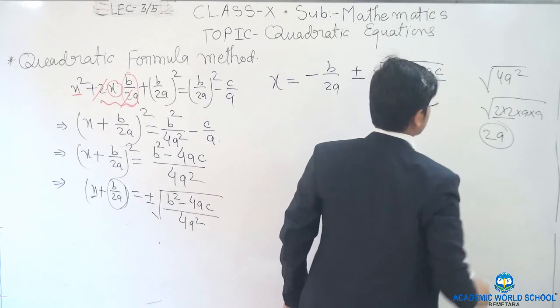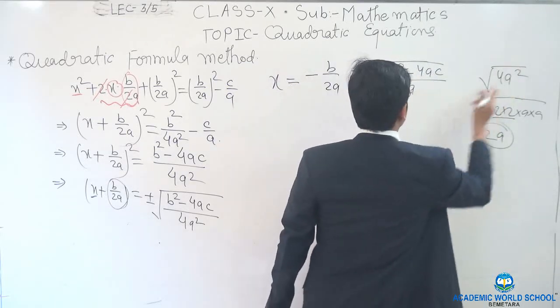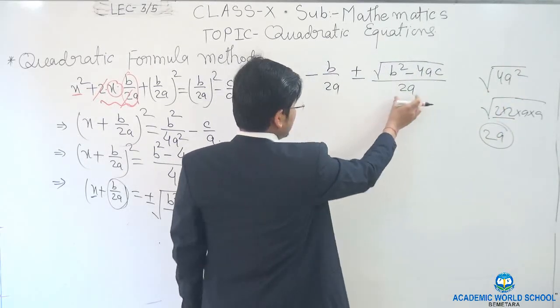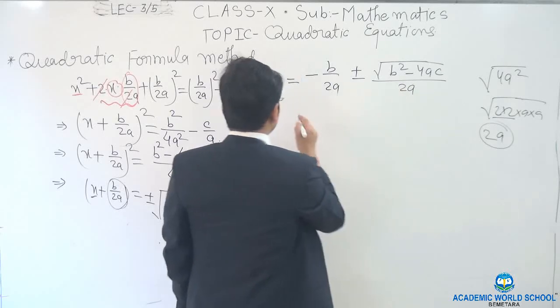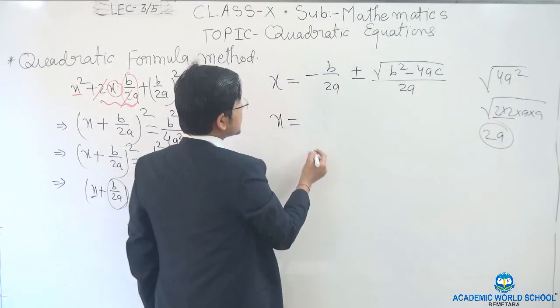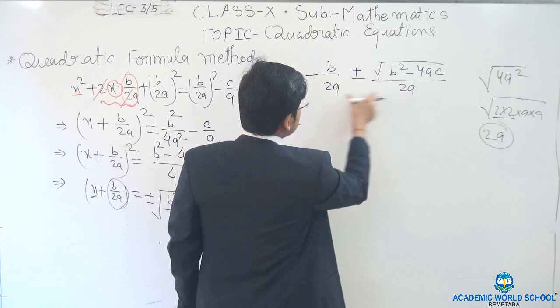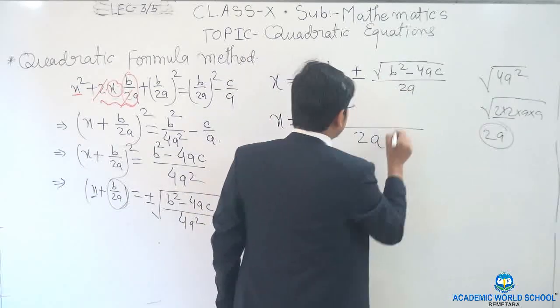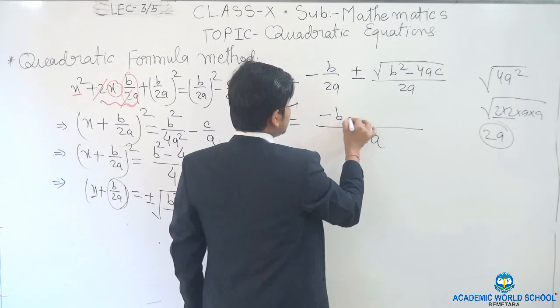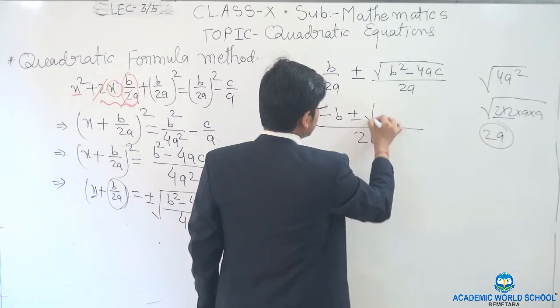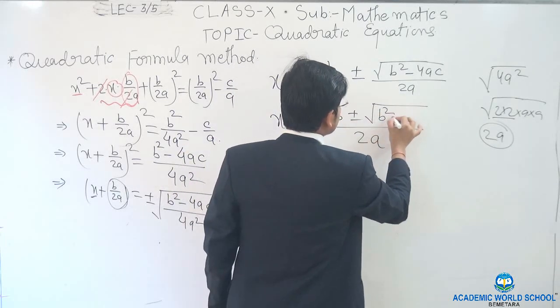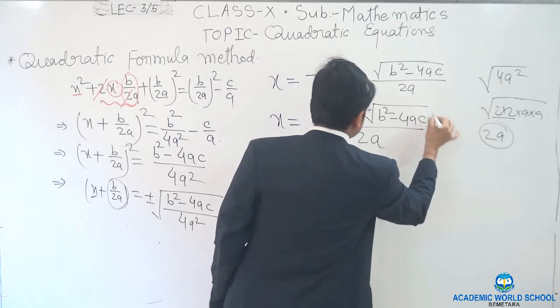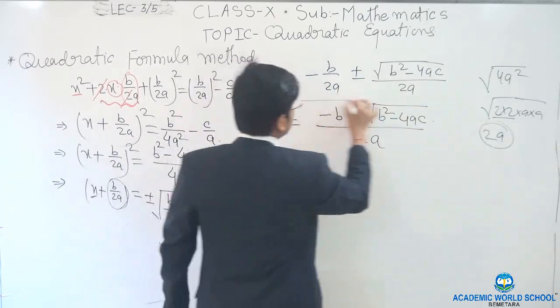So the square root of 4a square is 2a. That is why this comes out. Now x is equal to, now we can take the LCM of this. So 2a, LCM will be 2a only. So now this is minus b plus minus root over b square minus 4ac, upon 2a.